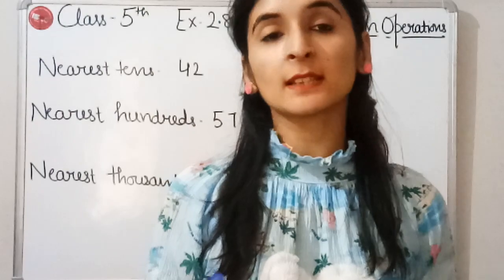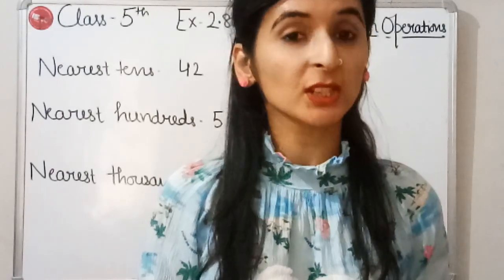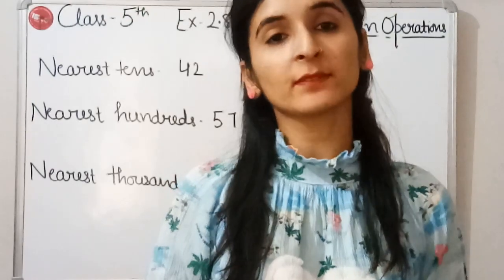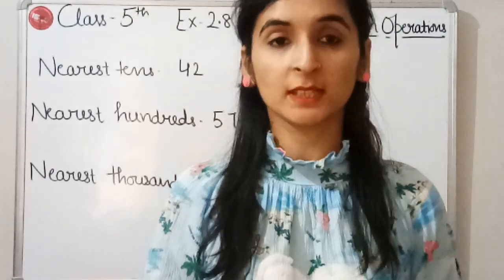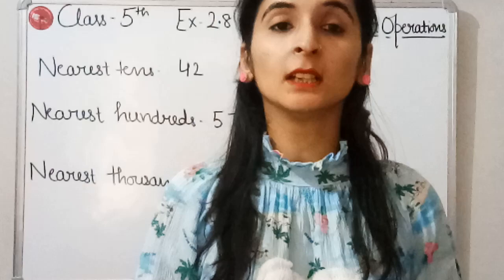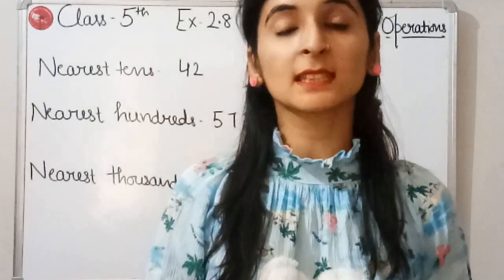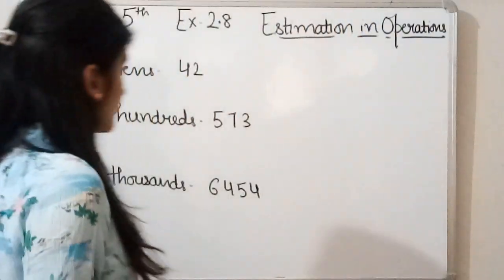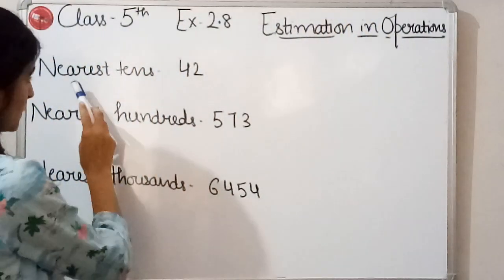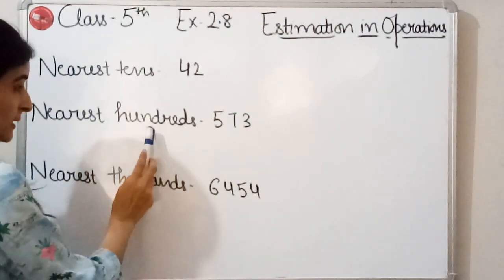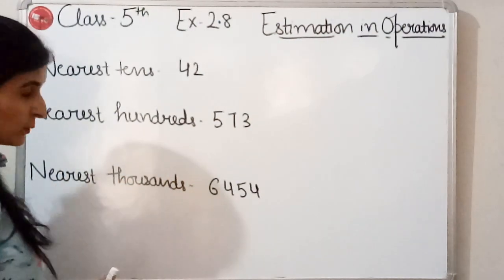So first of all we will recall what was estimation, how we have rounded up the numbers, and then we will be starting with exercise 2.8, which is related to estimation in operations. Fine. So let us recall estimation first. We have rounded up the numbers to nearest tens, nearest hundreds, and nearest thousands.